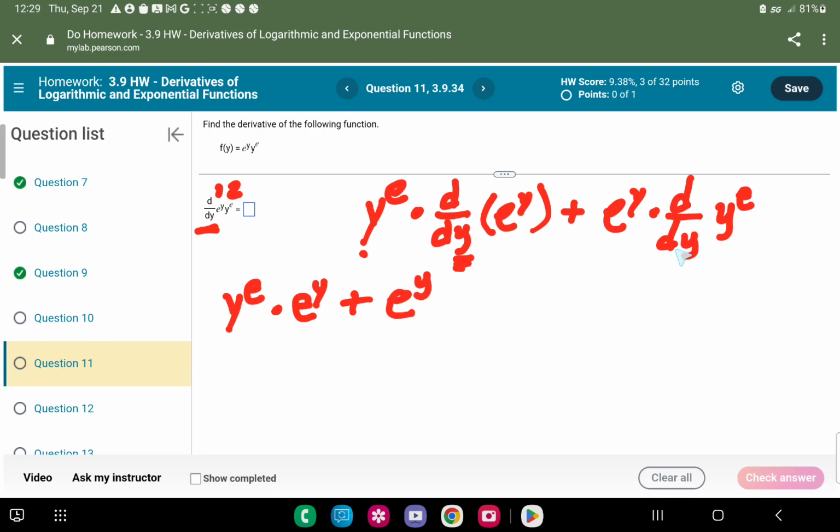And the derivative with respect to y of y to the e power is going to be what? So we have something raised to a power, and what we end up doing there is we bring that power out in front. Then we take it to the power minus 1.